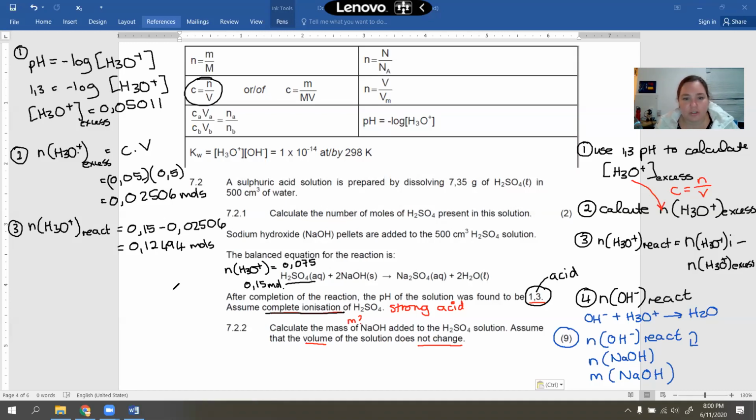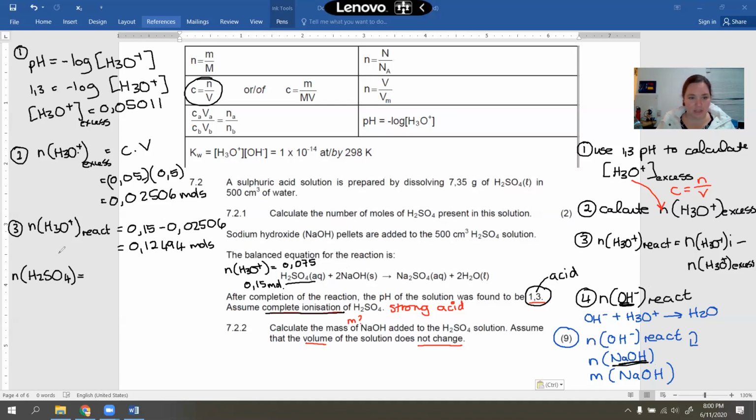Now I could, I guess, work out and even jump across. Maybe it's easier rather than us going into the hydroxide and I'm suddenly looking at it and going, maybe I should just change this back into H2SO4. Because the number of moles of H3O plus that react, well, each sulfuric acid gives me 2. So I can work backwards at this stage. So maybe it might be easier and slightly less confusing for some of you if instead of me working in hydroxides, I jumped straight at this point to sulfuric acid.